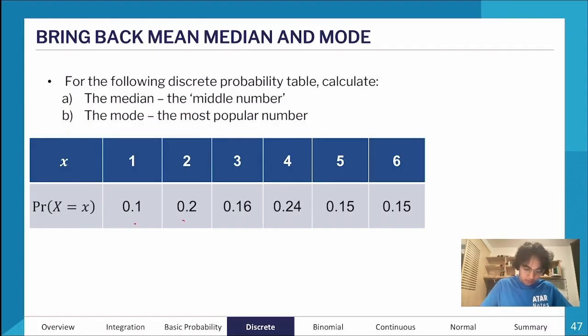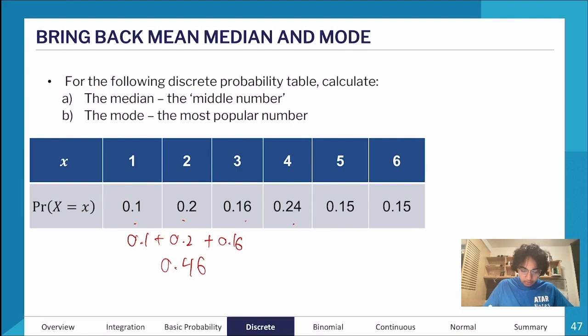So you want to add these up and work out where that 50% mark lies for the median, right? The way I like to start is I start on the left and keep adding until I get to 0.5. So I have 0.1 plus 0.2, which is 0.3, plus 0.16. So that's 0.3 plus 0.16, which is 0.46, sorry.